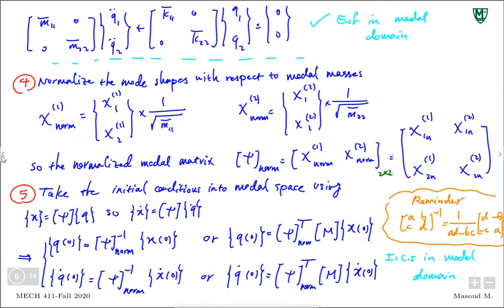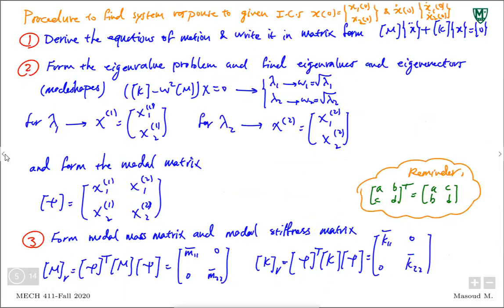The only difference for higher degrees of freedom is that the matrices and vectors become bigger. Here we have 2 by 2 and 2 by 1. With 50 degrees of freedom, you're going to have a 50 by 50 matrix and vectors of dimension 50 by 1. So it's the same process, and as long as you know the mass and stiffness matrices and can form the equation in matrix form, you're good. All right. So stop here.